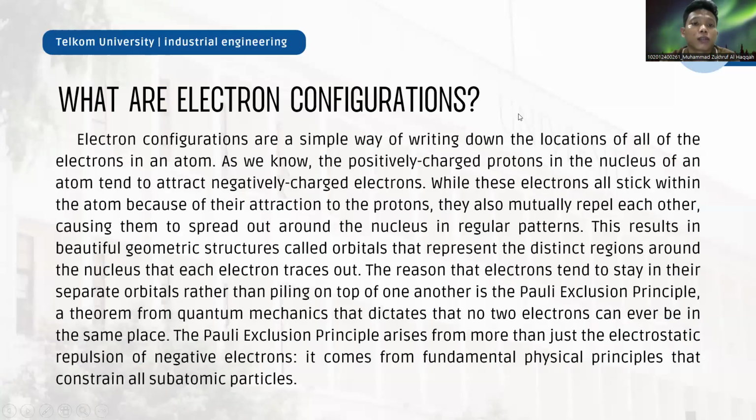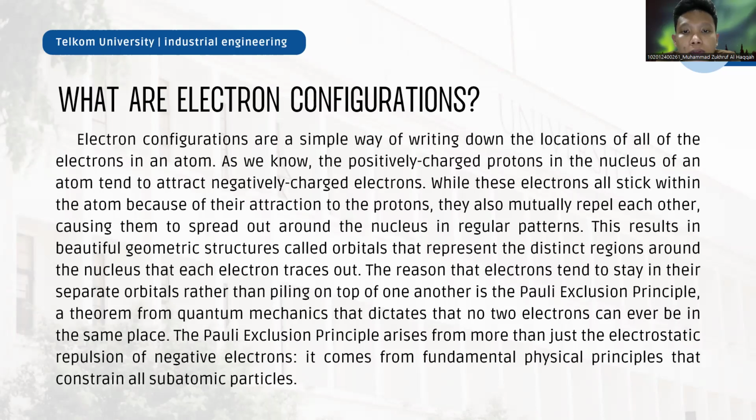What are electron configurations? Electron configurations are a simple way of writing down the location of all of the electrons in an atom.